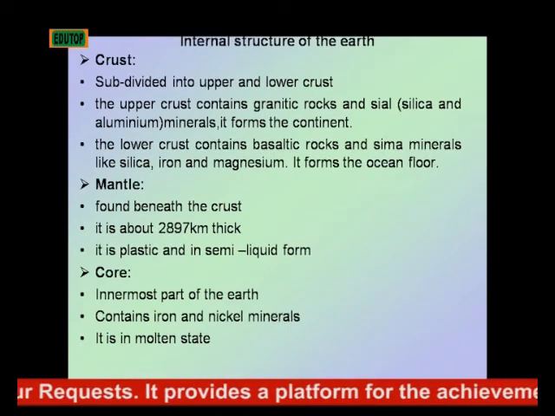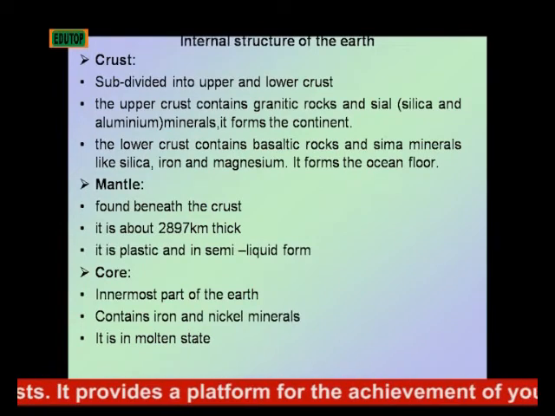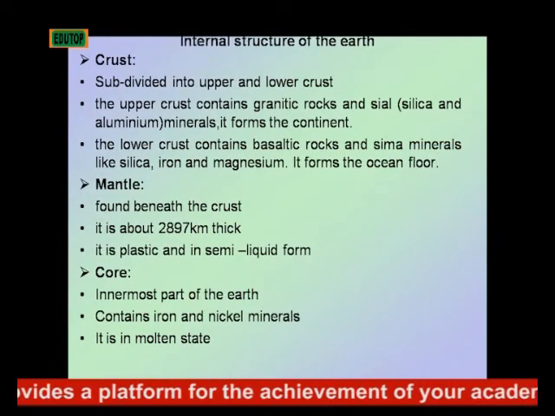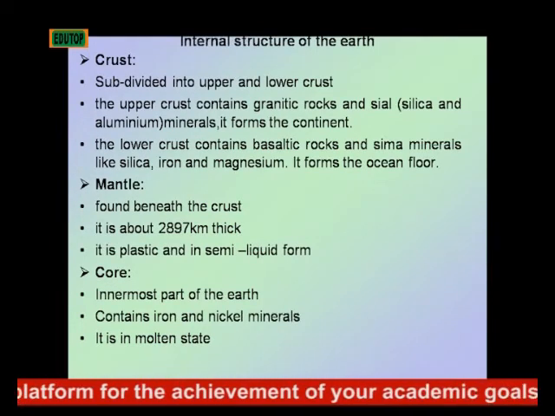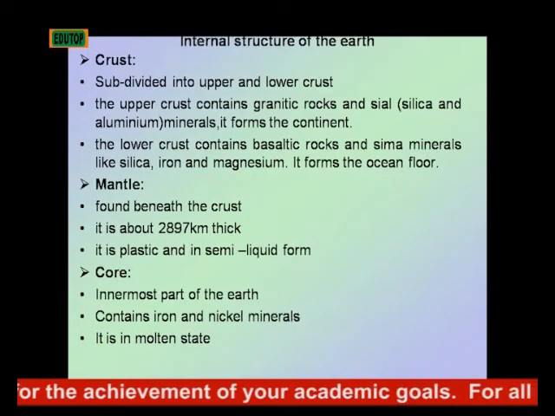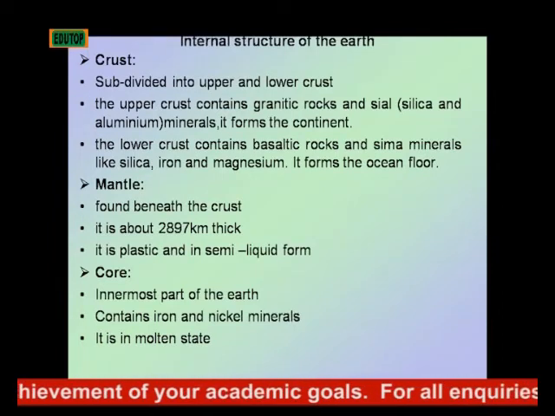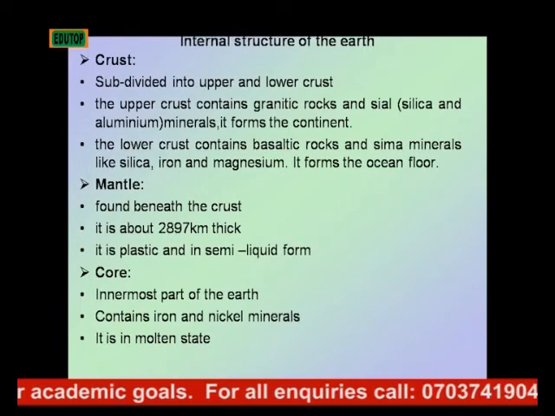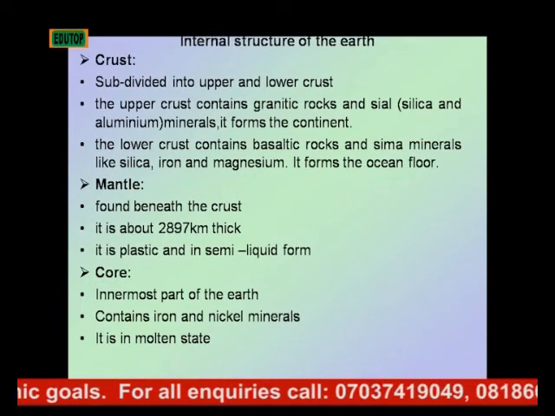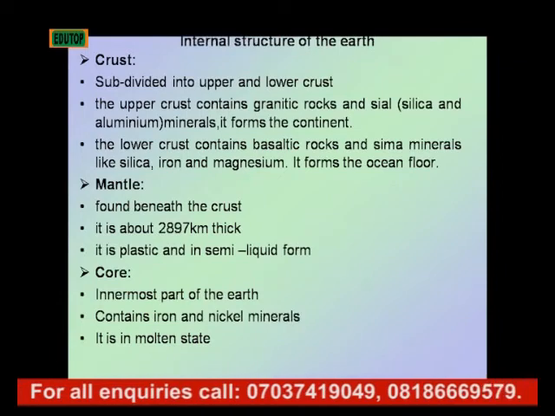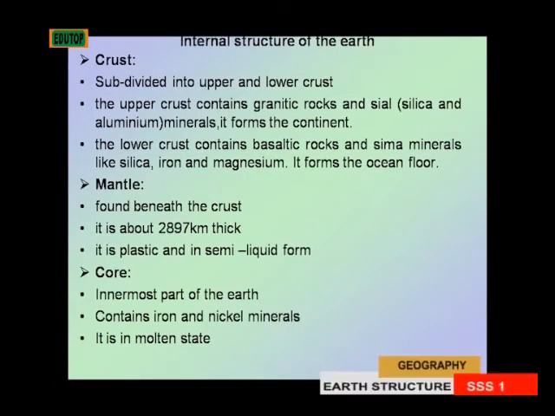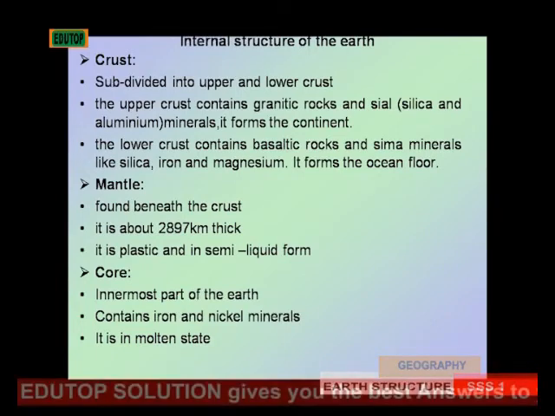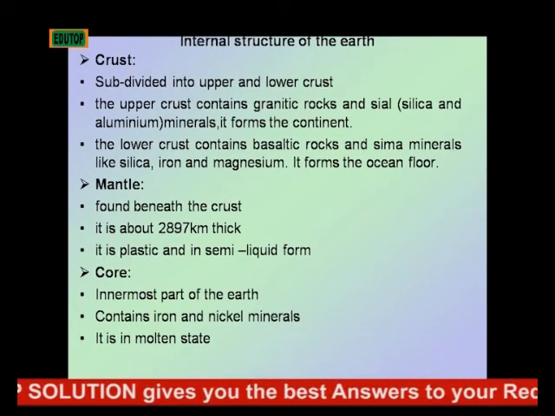And the mantle is found beneath the crust. After the crust, we have the mantle. The mantle is about 2,897 kilometers thick. We talk about the thickness. Now, the mantle is kind of plastic and in a semi-liquid form.